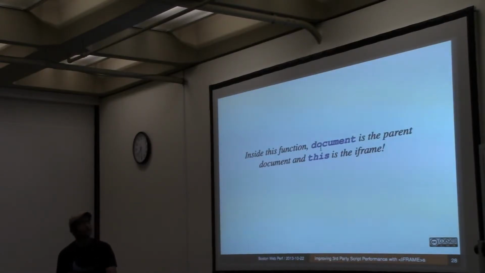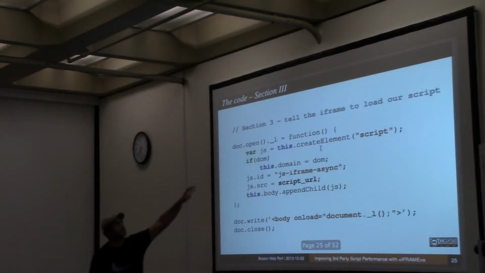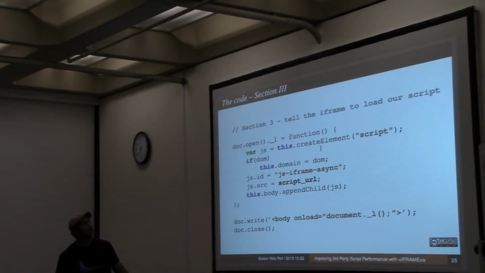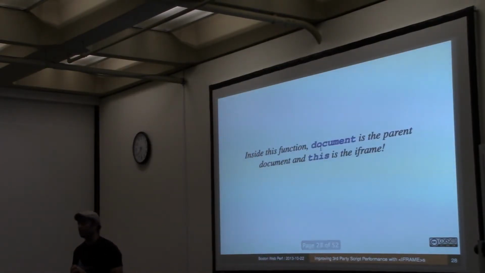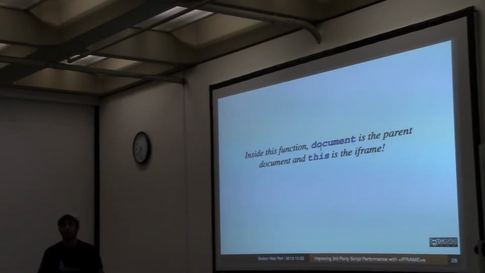A few things to note. Inside this function that I've created, whenever we say document, it actually refers to the parent page's document, and the same with window. But if I say this, it refers to the iframe object itself. I had a hard time with that because I assumed it's going to be running within the context of the child page.